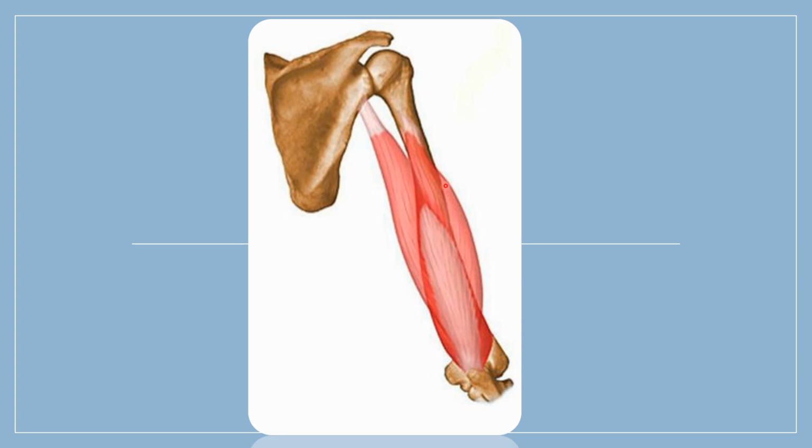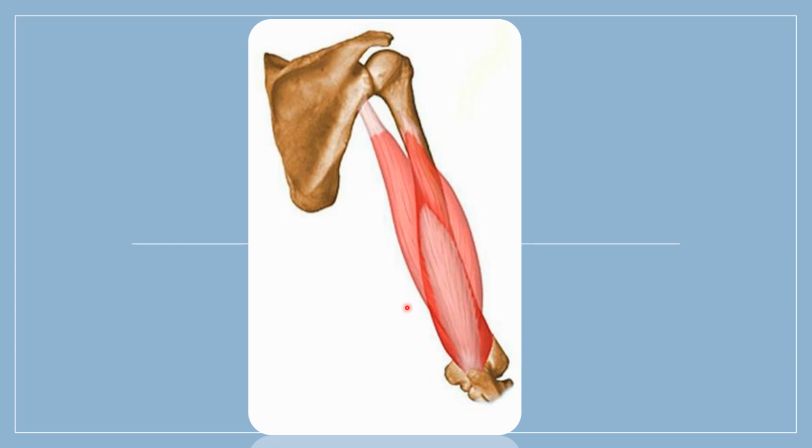And now the lateral head originates from the lateral lip of spiral groove, that is above the spiral groove. And medial head originates around the posterior surface of the humerus, that is below the spiral groove. Medial head originates below the spiral groove and it covers the whole posterior surface of the humerus.